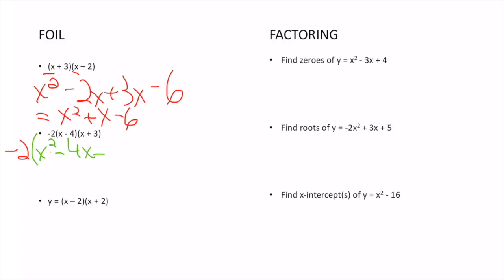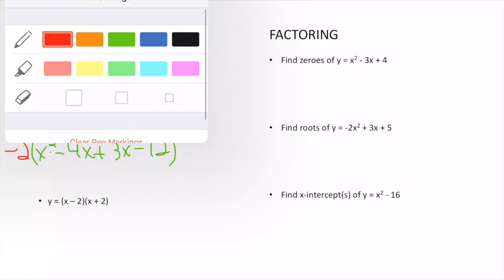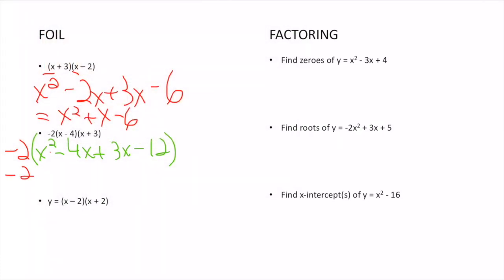So if I FOIL, and simplify this, minus x minus 12. Now it's usually easier to go ahead and distribute that in. So -2x squared plus 2x plus 24.